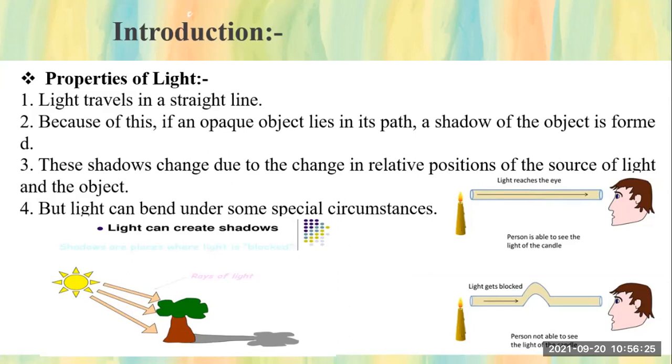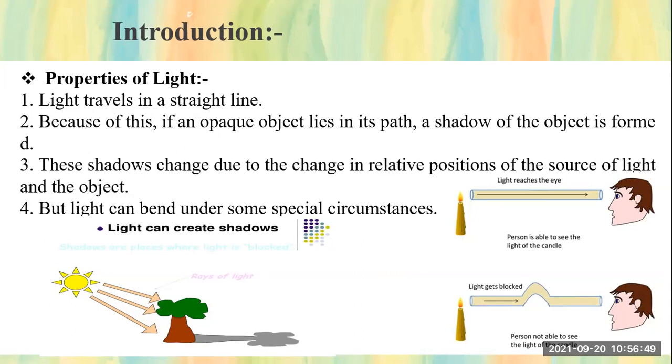Okay. So students, you can do one activity at your home also. Everyone has a study lamp at home. So you put any object in front of that light, your compass box, your tiffin box, anything, and you see the shadow of that object.